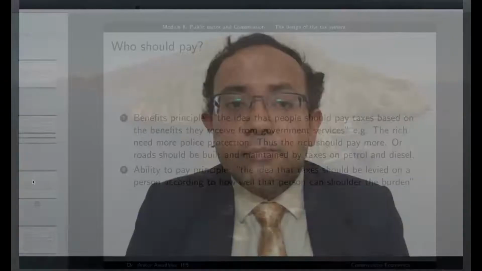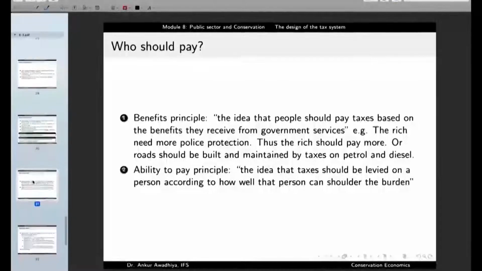So because of the presence of the police, the rich person is benefited more than the poor person. Now, if the rich person is getting more amount of the services in the form of the police services, protection services, then the rich person should also pay a greater amount of share in the form of taxes. So this is what the benefits principle says.